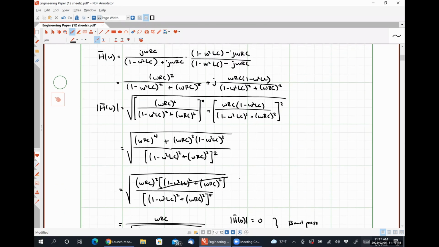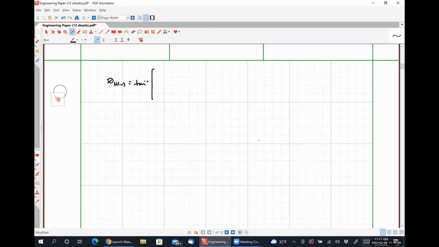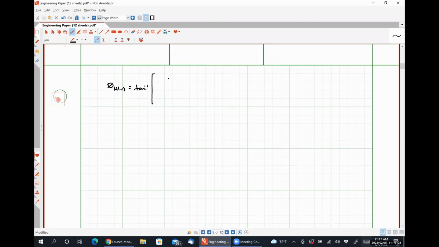Omega RC times 1 minus omega squared LC divided by that denominator, which was 1 minus omega squared LC squared plus omega RC squared. This will be divided by omega RC squared over that same denominator.